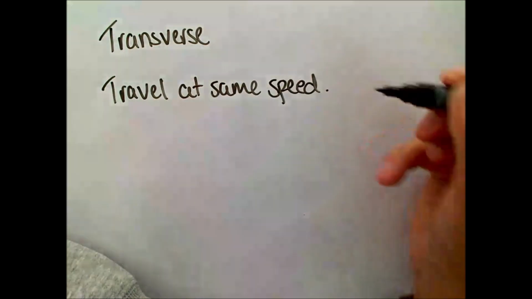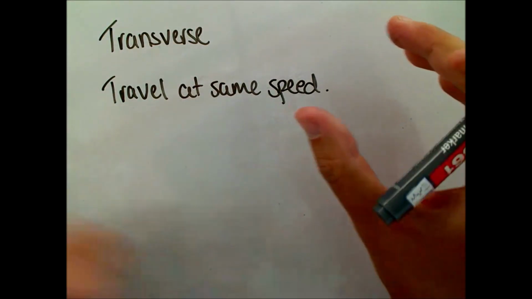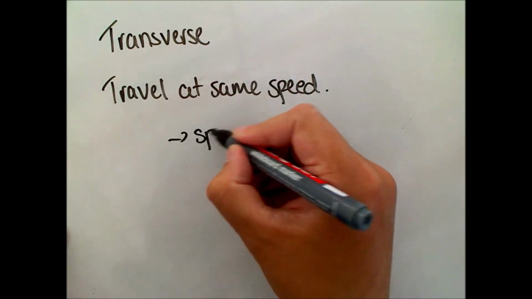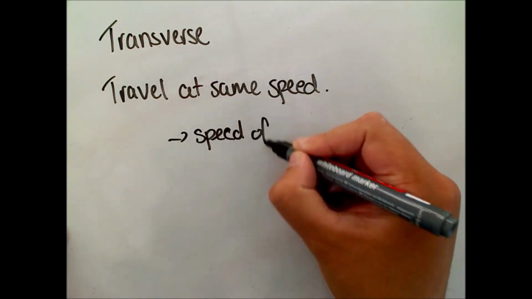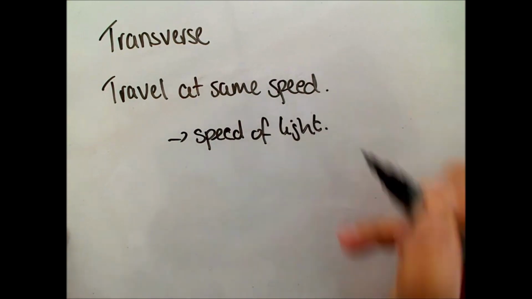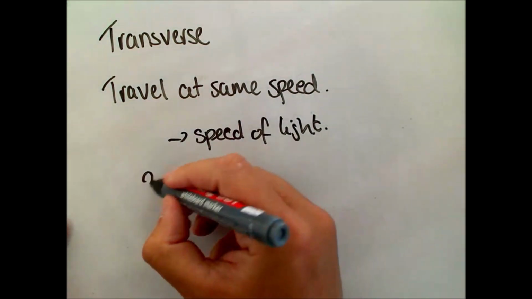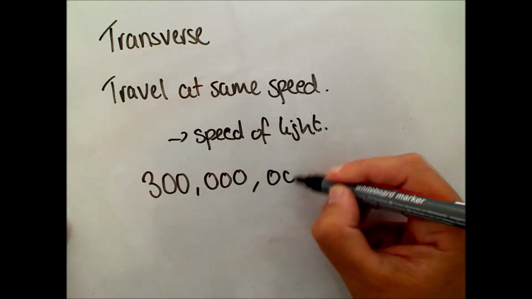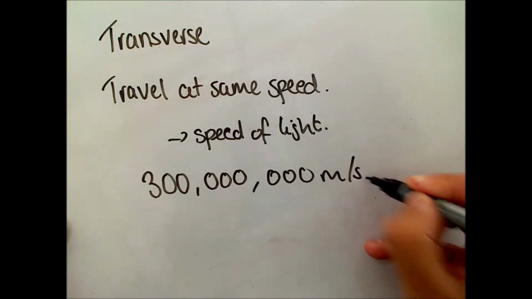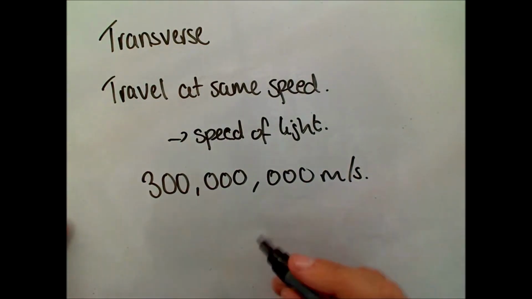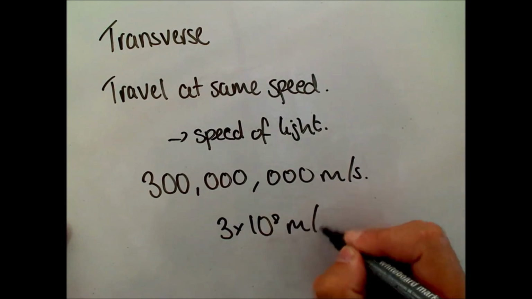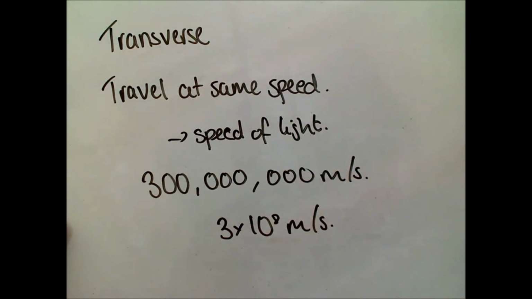Light is an example of part of the electromagnetic spectrum, and so you can think of them all traveling at the speed of light. We've already come across that in one of our calculation questions. That speed of light is 300 million meters per second, so very quick. We shorten that, if your math is very good, to 3 times 10 to the 8 meters per second to make it a bit easier to write down. Don't worry if that doesn't make lots of sense right now.